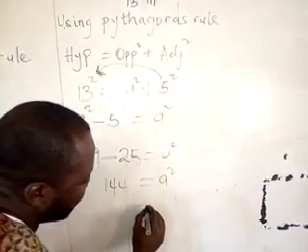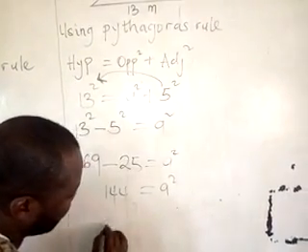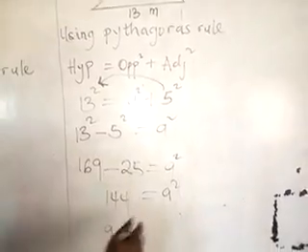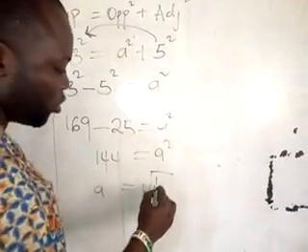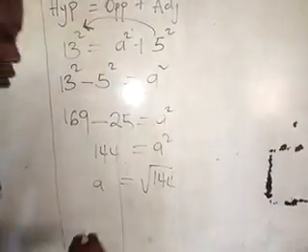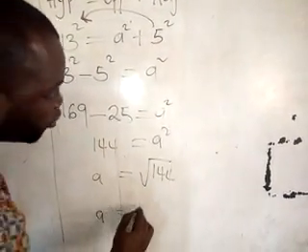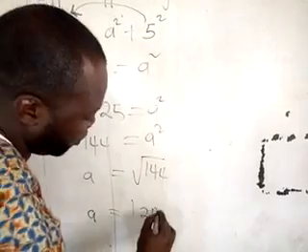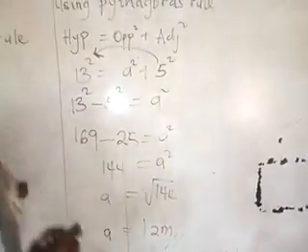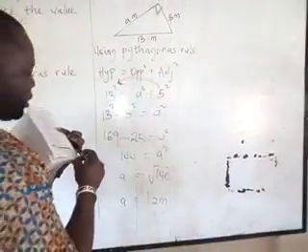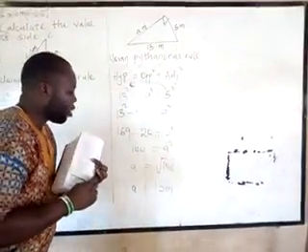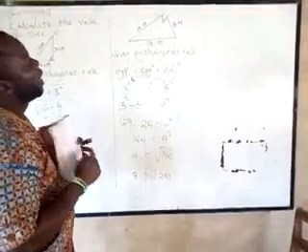Then a equals square root of 144. Then your a equals 12 meter. So that means our opposite is 12 meter long.